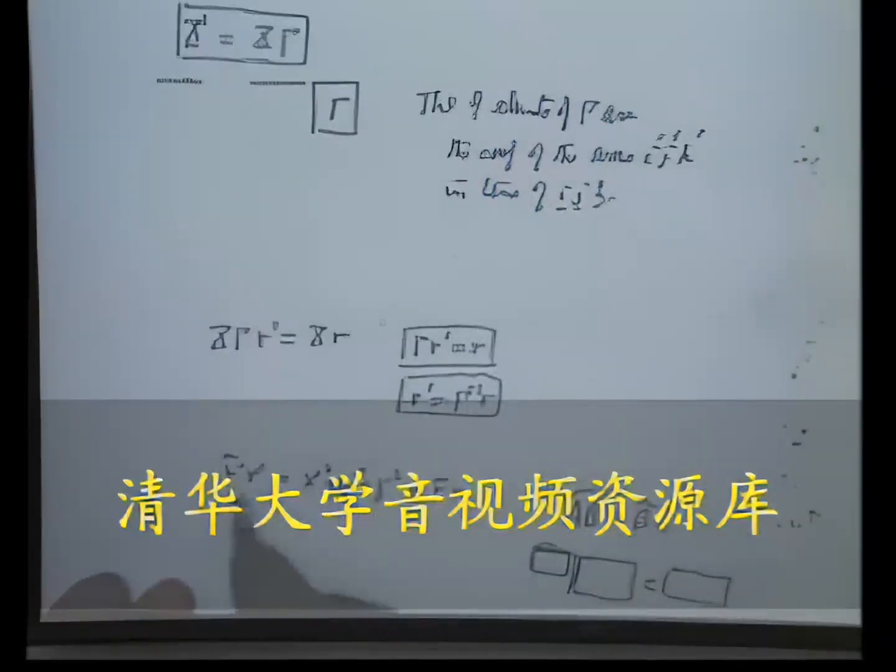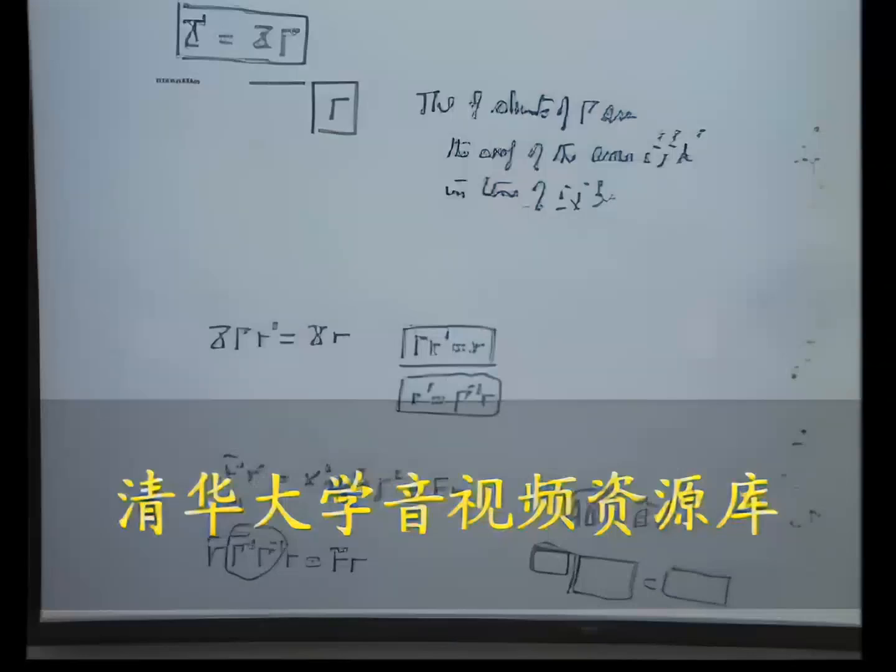Okay, so this becomes r tilde, gamma inverse tilde, gamma inverse r is equal to r. Now let us look at this. Both sides have r and r at the end, and there's something in the middle.